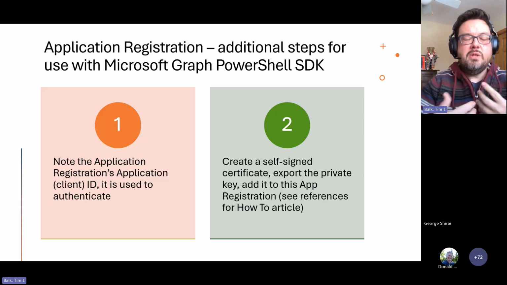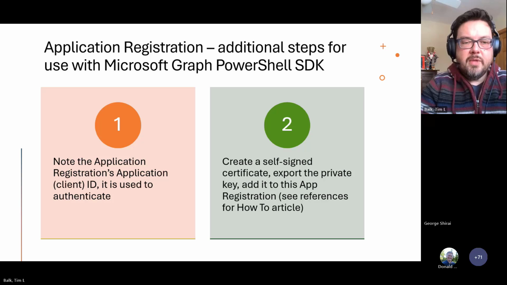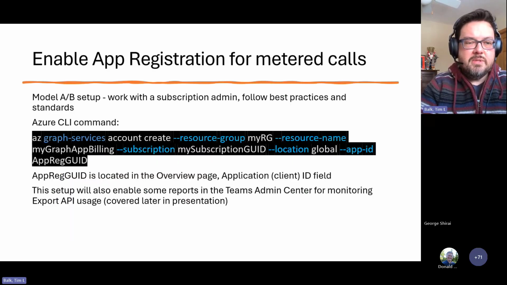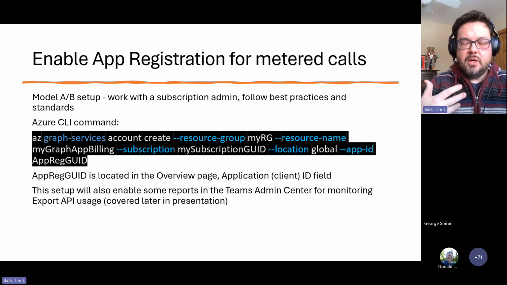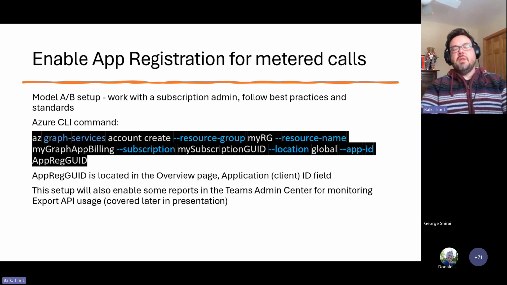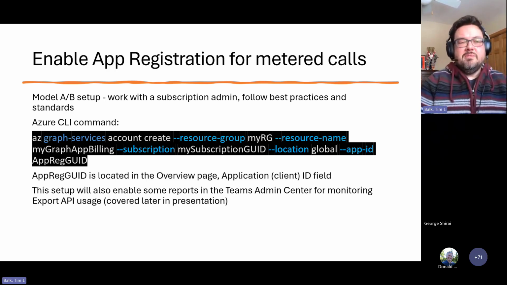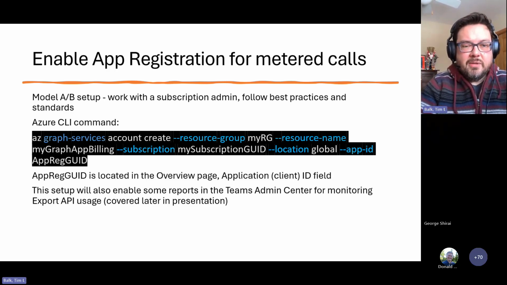In the subsequent steps, you'll be able to connect to the Graph API using the Microsoft PowerShell Graph SDK, and you'll use that client ID and the thumbprint of the certificate that you set up. But that's coming up later. I'm getting ahead of myself. I'm really geeking out about presenting this.